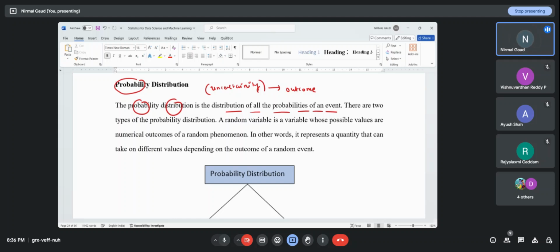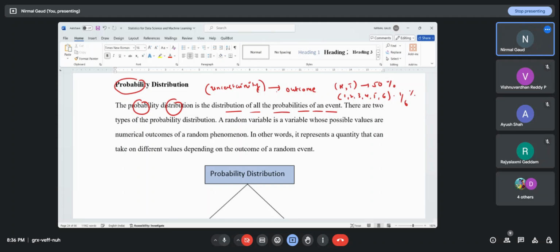For example, tossing a coin, you may get head or tail, so either of them can occur. There is a 50% chance of head and tail. You can roll a dice and get any of the values 1, 2, 3, 4, 5, 6, so there is a 1/6 chance for each.